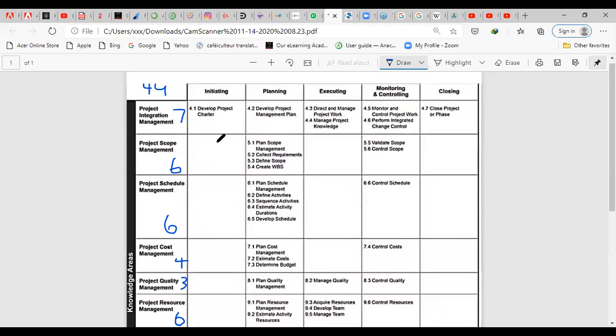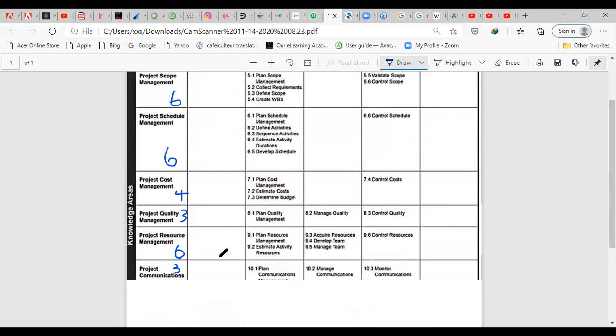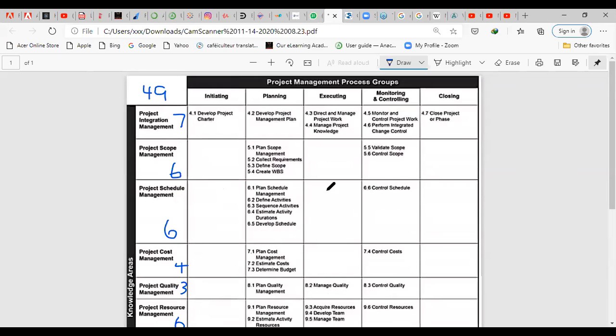You know that there are only two processes in the initiating phase, one at the integration management and one at stakeholder. And then the only process at the closing phase is at the integration management side.